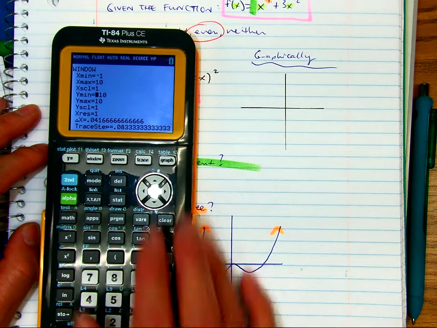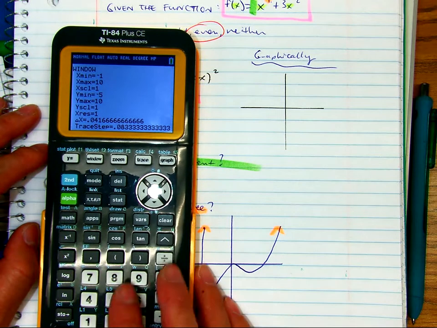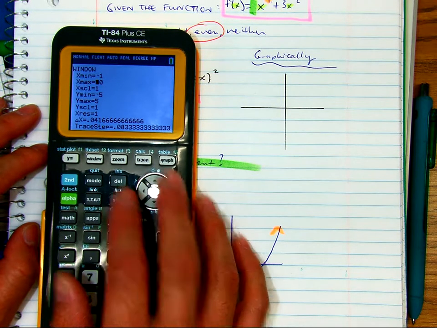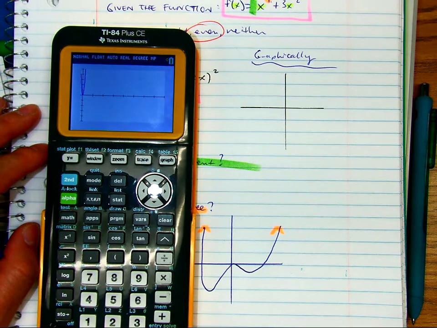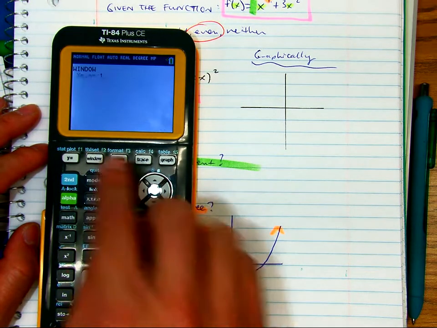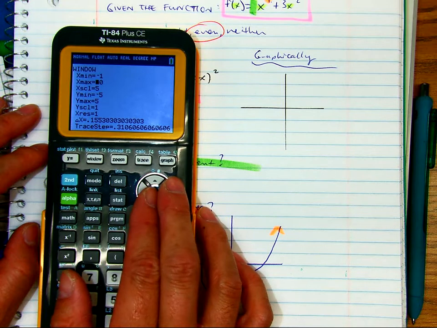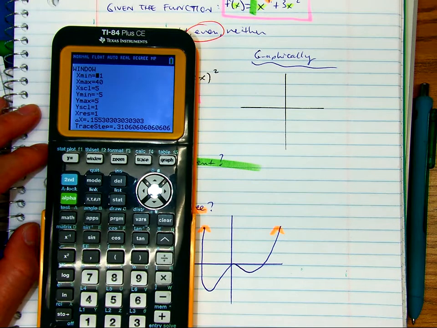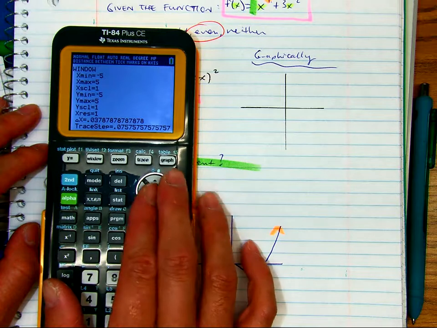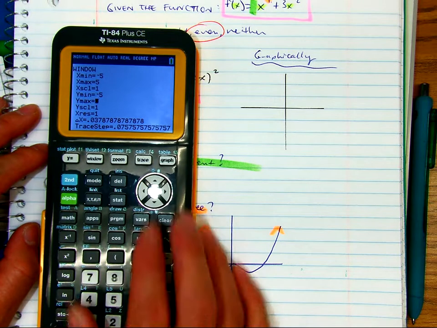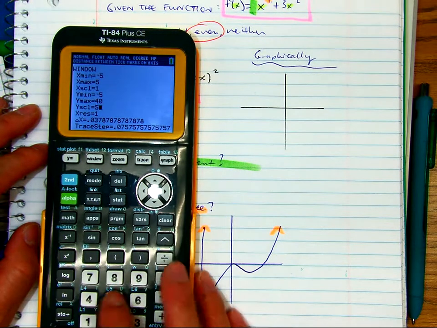Y scale, -5, +5. And I want to change my X max to 40 and count by 5s. Boom. Try that again. That's not what I wanted. -5 to +5, count by 1s. Y minimum, -5, 40, count by 5s. Boom.